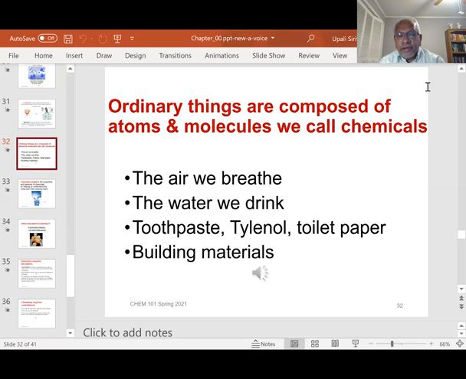Toothpaste, Tylenol, toilet paper are complex mixtures of several substances. Building materials like cement, bricks, are chemical substances which are composed of complex mixtures of several things.